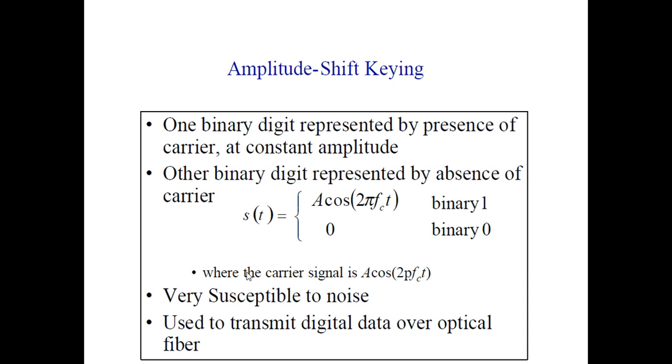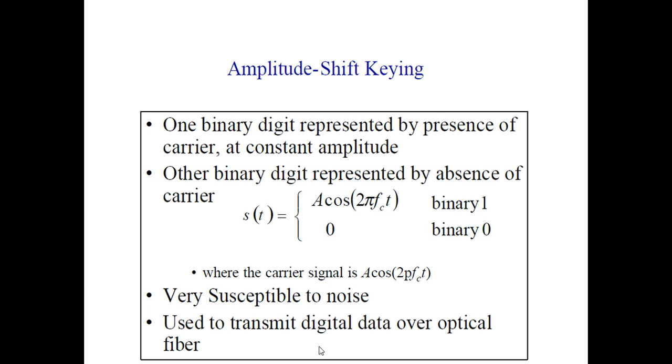Mathematically, we represent amplitude shift keying with binary 1 represented by the presence of the carrier at constant amplitude. In the waveforms, when binary 1 occurs the carrier is transmitted, and when binary 0 occurs no carrier is transmitted. It is very susceptible to noise, and one application is transmitting digital data over optical fiber.